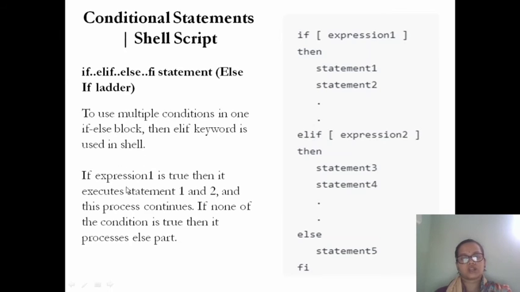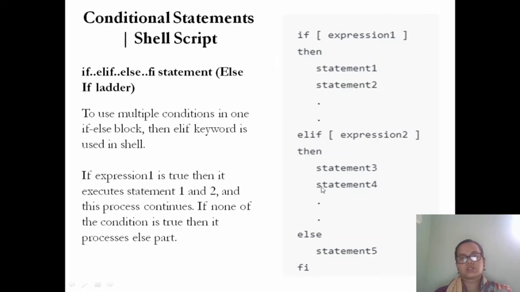If expression 1 is true, then statements 1 and 2 will get executed. If expression 2 is true, then statements 3 and 4 will get executed. If none of the conditions is true, the process goes to the else part, that is statement 5 will be executed, and that will be the end of the condition.